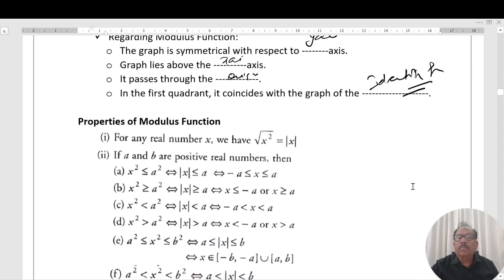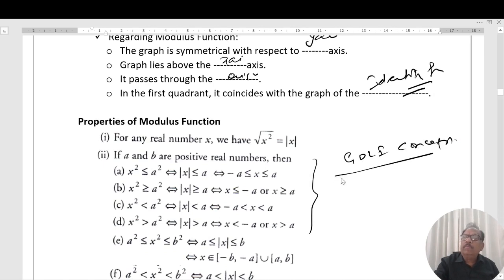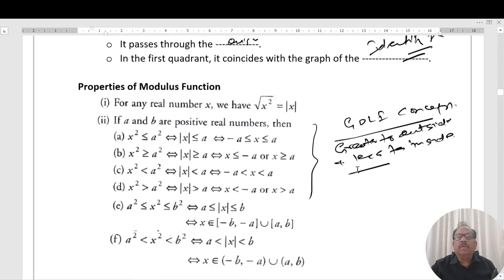Now, I have discussed all this in the Goli concept. Goli concept means, again repeating, greater for outside and less for inside.